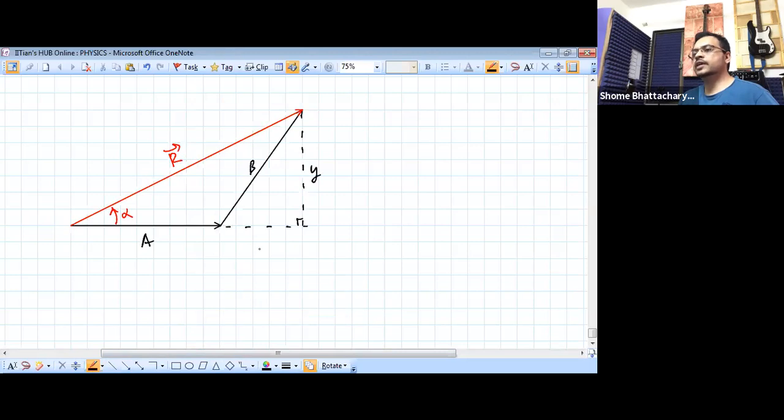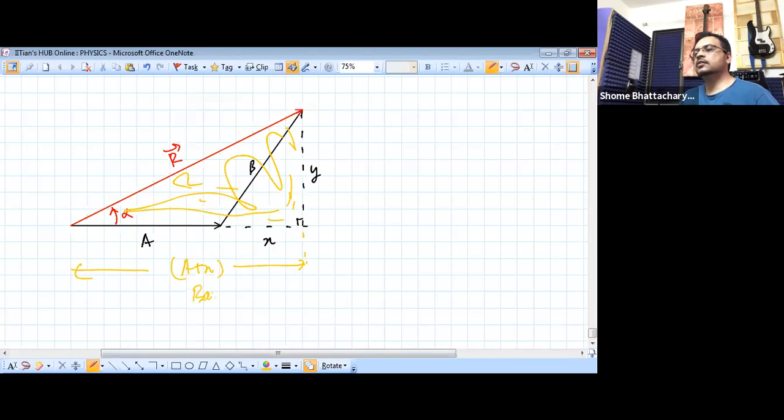I saw that this was y, this was x, and this was a. Now if you look at this larger triangle, this whole right angle triangle, the base is a plus x.